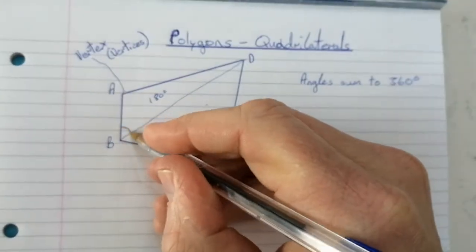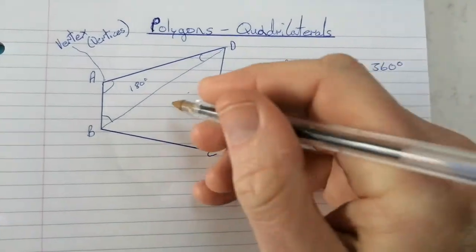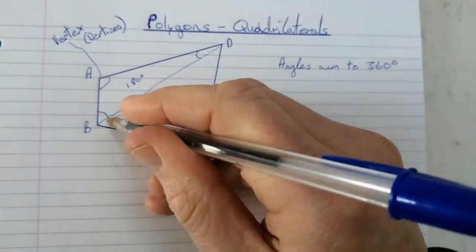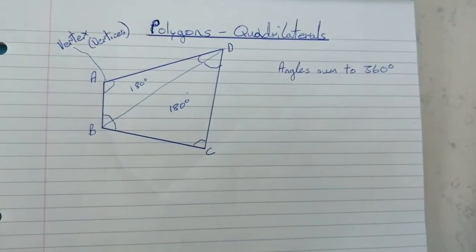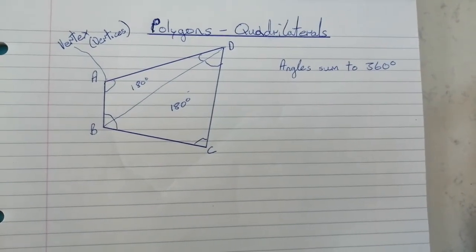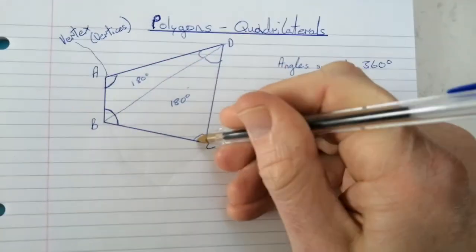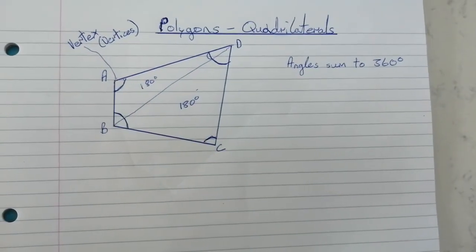So this angle plus this angle plus this angle add up to 180 degrees. And in this triangle here, also the three angles sum to 180 degrees. So 180 and 180 is 360 degrees in this quadrilateral.